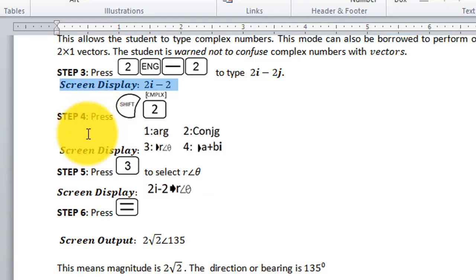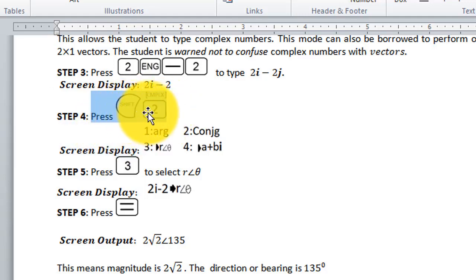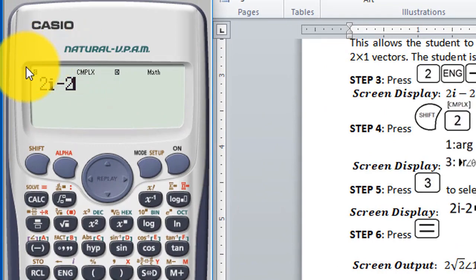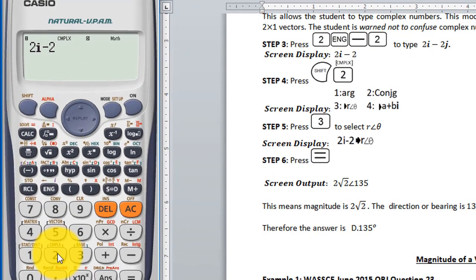Step 4, what should we do? We should now press shift and press on the complex key. So we press shift 2, and we have CMPLX on top of the 2. The moment you press shift, make sure that you have the S at the extreme left corner of the calculator. Then you press on the number 2, which bears the CMPLX.